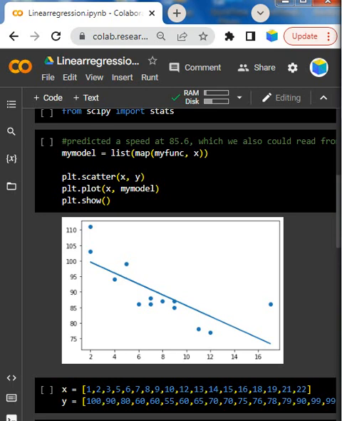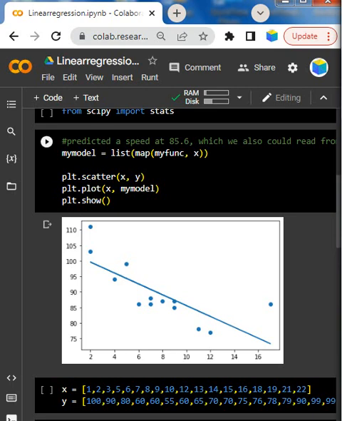Similarly, next we also try to understand r for a relationship, which I have already mentioned there. So r for a relationship means it is important to know how the relationship between the value of the x and the value of the y axis. If there is no relationship, linear regression cannot be used to predict anything.